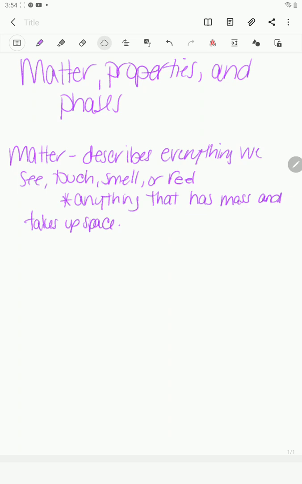So when we're talking about matter, we know that the smallest unit of matter is called an atom. So this is the smallest unit of matter.